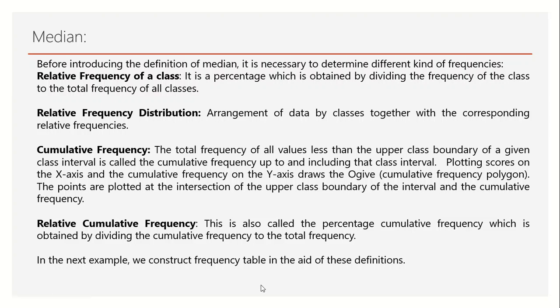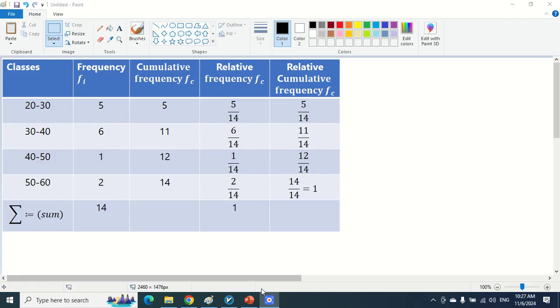So if we take a look at a picture, let me just show the picture for you. Okay, here we have the picture of the discussion. So we have classes, as you can see over here. The classes are given: 20 up to 30, 30 up to 40, 40 up to 50, and 50 up to 60.